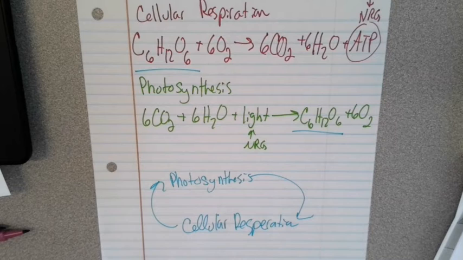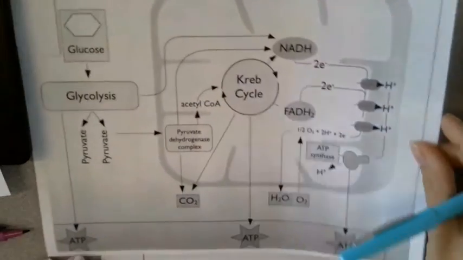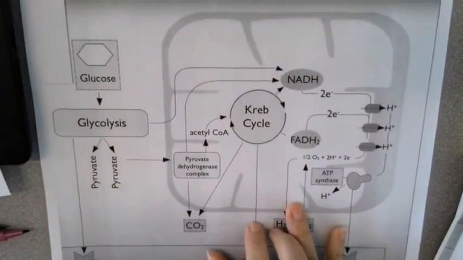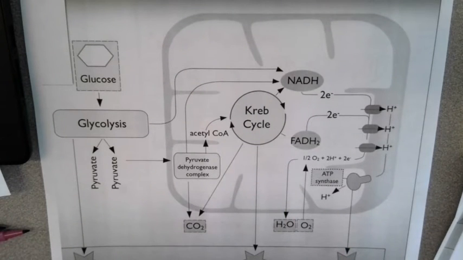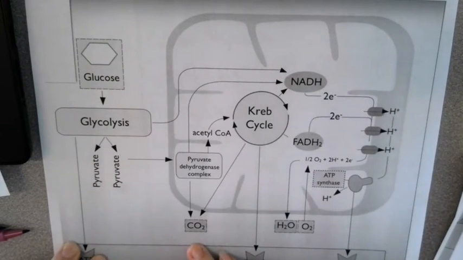So what particularly is going to be cellular respiration? This is where it gets really tricky. I am not brave enough to begin to try to draw this on my own, so I had to find this picture off the internet.